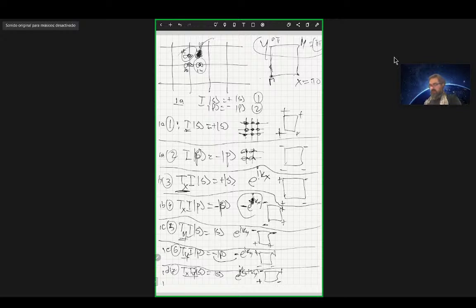And the eighth atomic limit, which is a p orbital at the 1d position, you keep the minus sign from the p orbital, but then you again get a phase from the translation group, and the eigenvalues are minus minus from this minus, and plus plus.